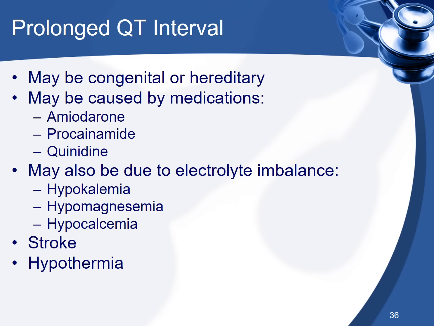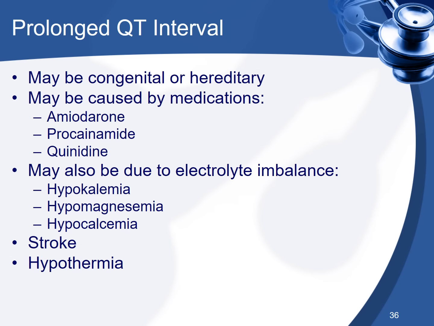It may be caused by medication. A lot of the times in your older patients, it's the medications that are causing the prolongation of the QT interval. Amiodarone, and that's a medication, is very widely used. Procainamide and quinidine, not so much, but you still may see some older patients on these medications. It also can be because of electrolyte imbalances.